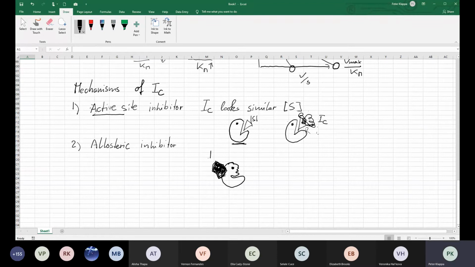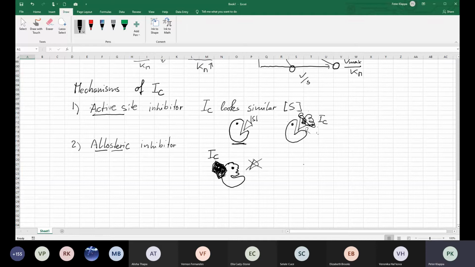This is the potential allosteric action of a competitive inhibitor. It binds to an allosteric site. Allos means other, steric means position or something like that. It binds to another position in the enzyme, and as a consequence, the binding site for the substrate is closed. So the substrate here can no longer bind.